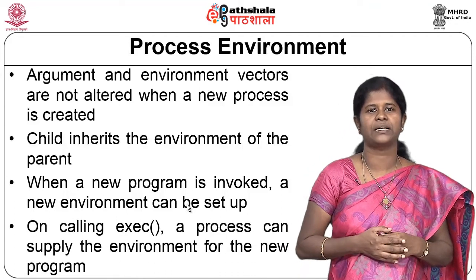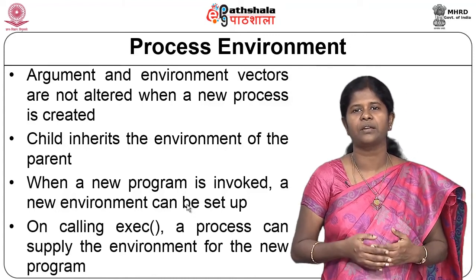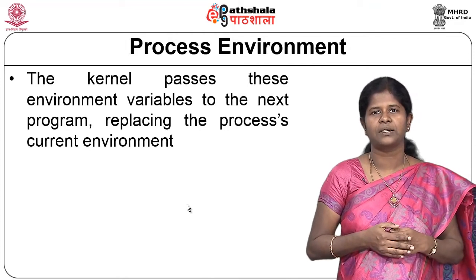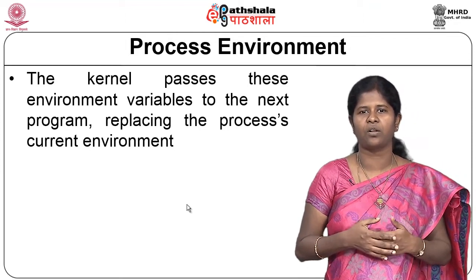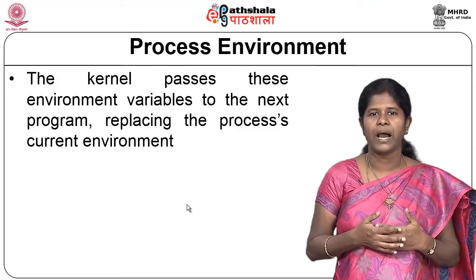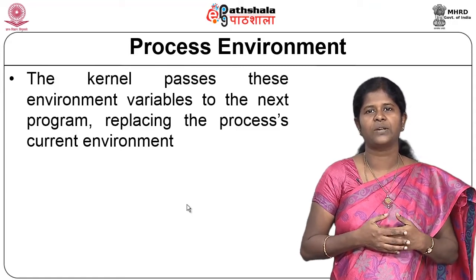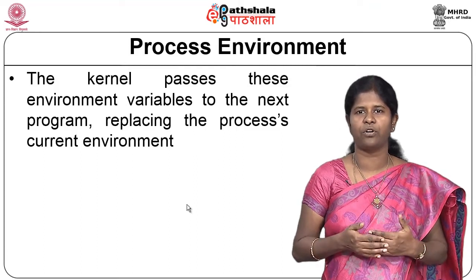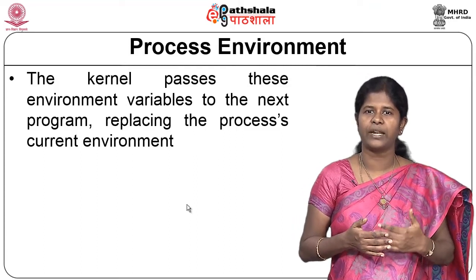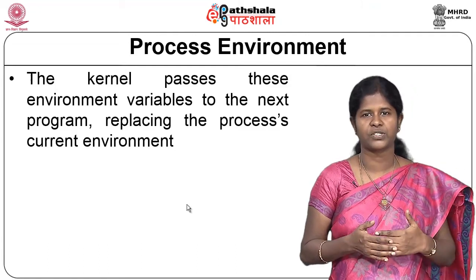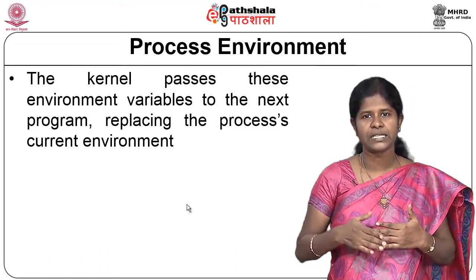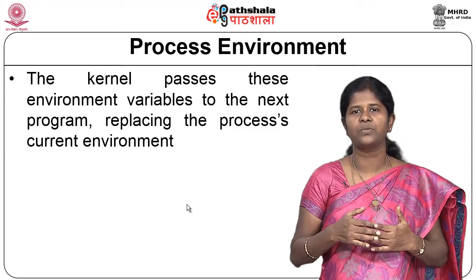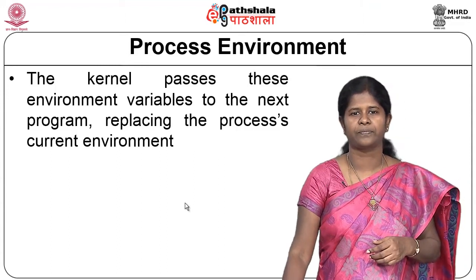On calling exec, the process can supply the environment for the new program, and these environment variables passed through the exec call will be passed to the next program and will replace the process's current environment. So, when you create a new process using fork, the new process inherits the environment from the parent process, and thereafter if it needs a new environment, it needs to call exec, which will be used to set the new environment.